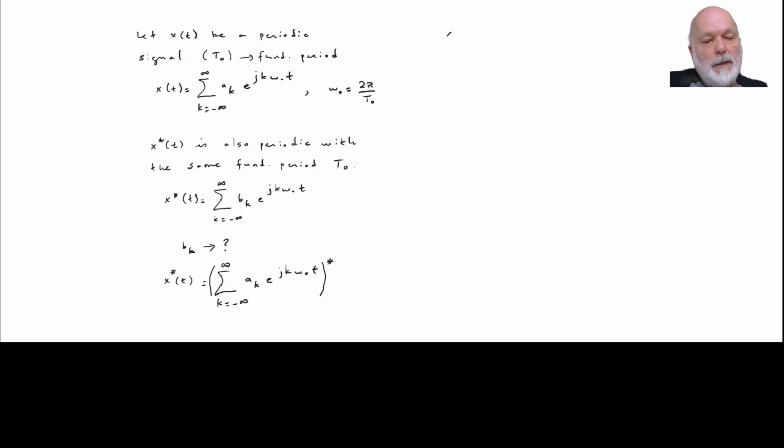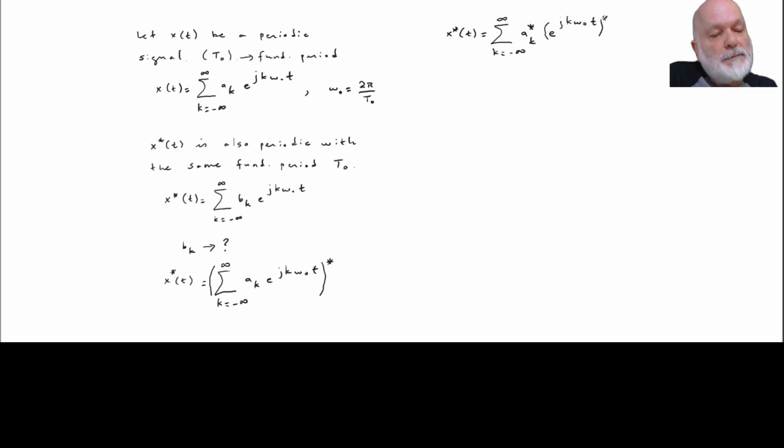So, the complex conjugate of x of t is the sum over k from minus infinity to plus infinity of ak complex conjugate, the complex conjugate of the coefficients, times the complex conjugate of e to j k omega 0 t.